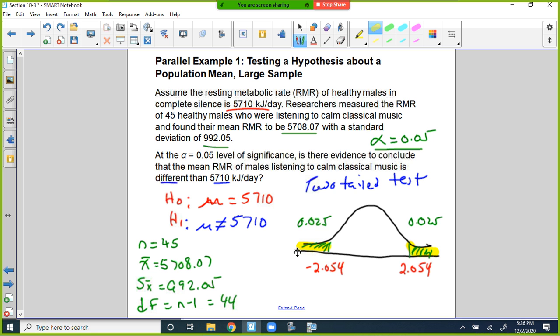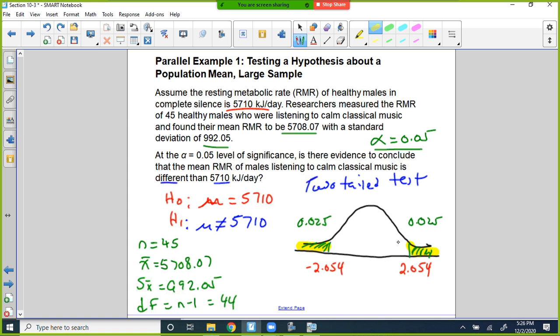Okay, so we're doing a T test, right? T testing on a hypothesis. How does what I just did to find these critical T values compare to 10-2 with a Z or one proportional Z test, right?